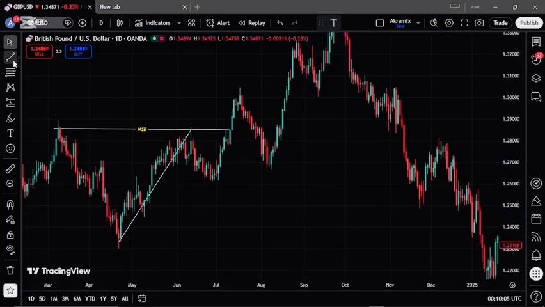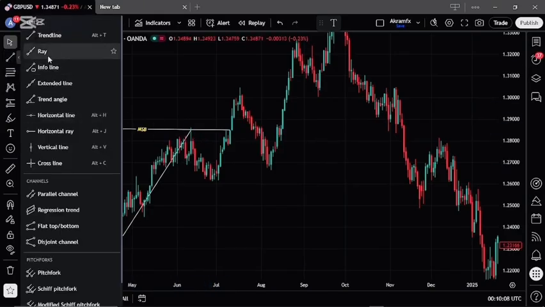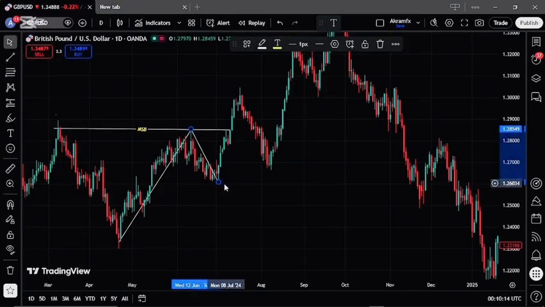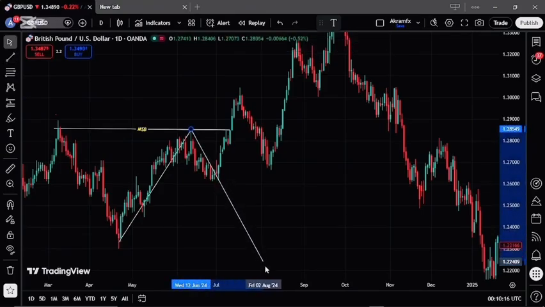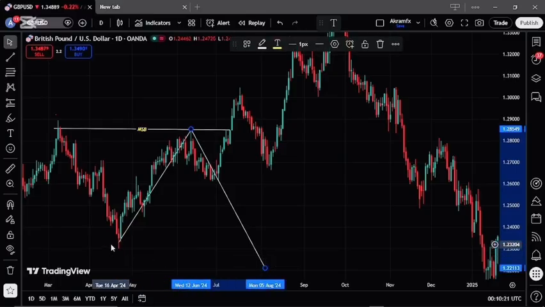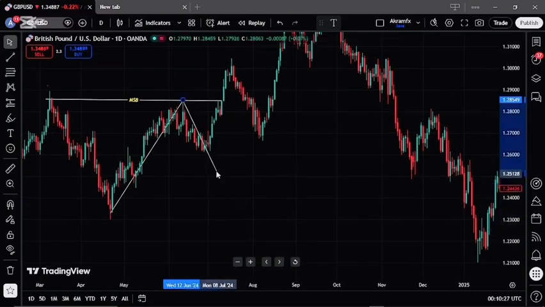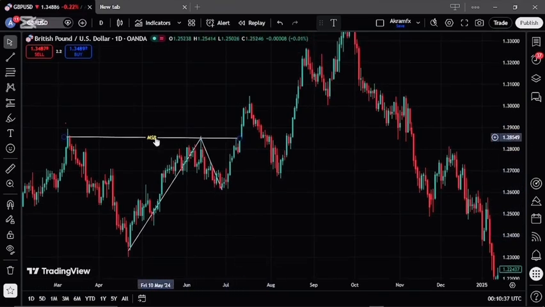Because prices never broke this high from here. It came back, like retested. Maybe it could have gone further to make a lower low, but it never did that. So as a trader, what do you do? You do not enter from here, because the market structure break is only valid when prices broke and closed up like that.